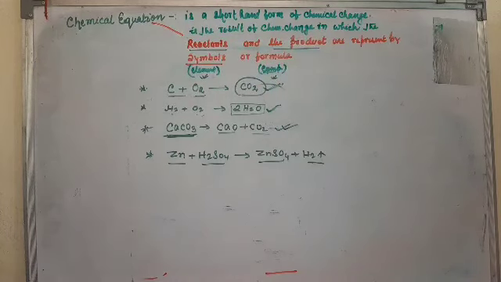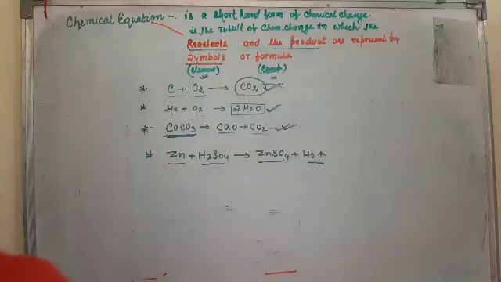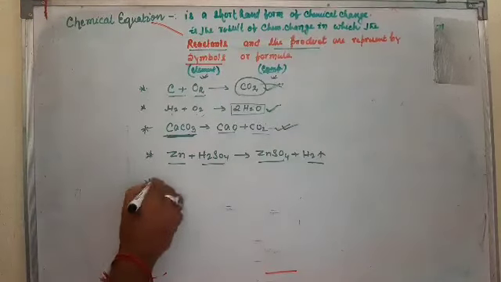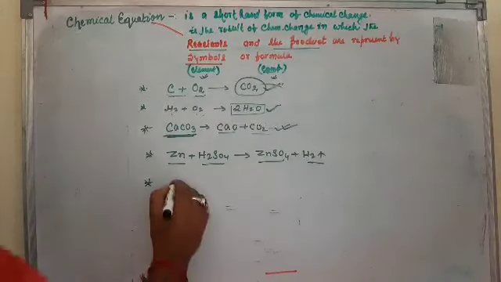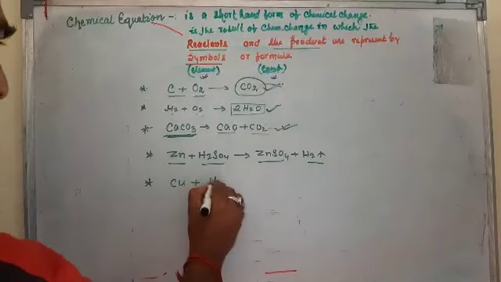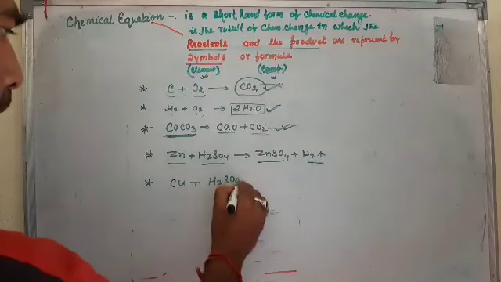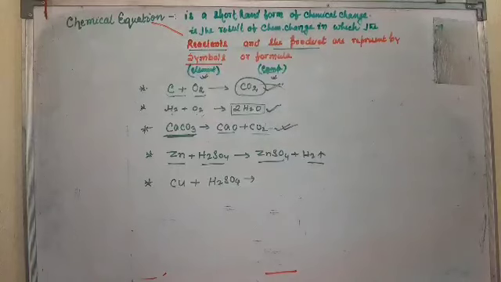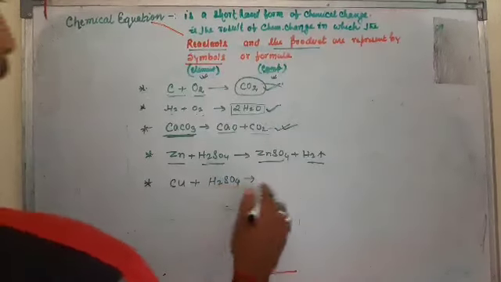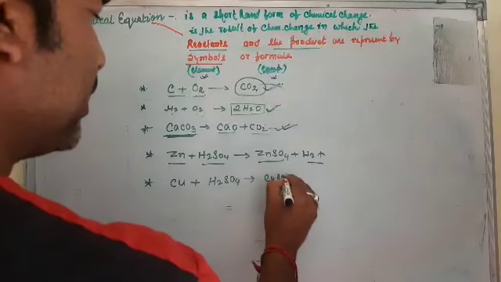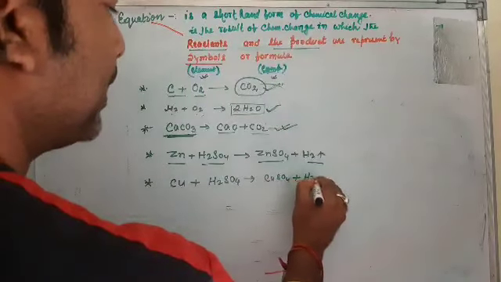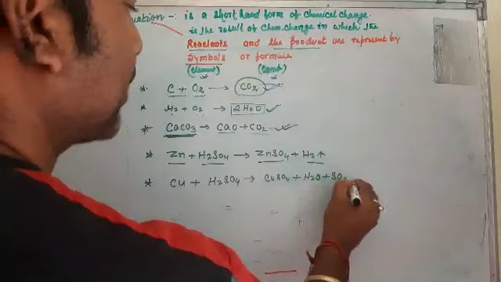Two reactants and three or more products. We take an example: copper, Cu, plus H2SO4 gives CuSO4, water and sulfur dioxide.